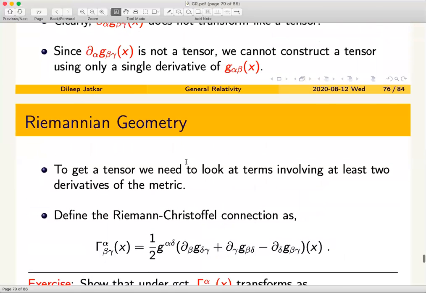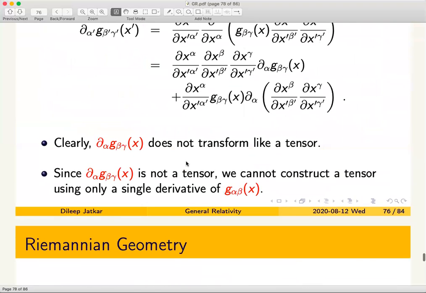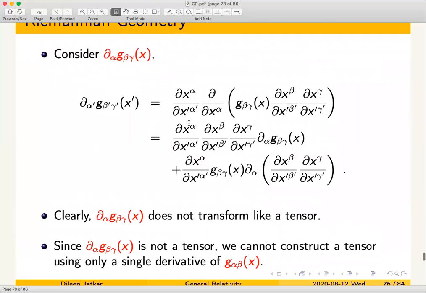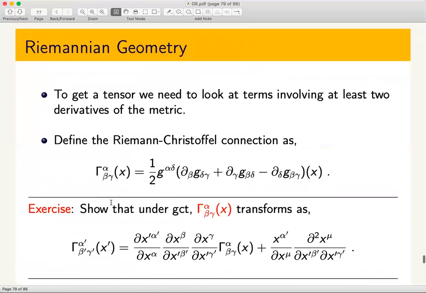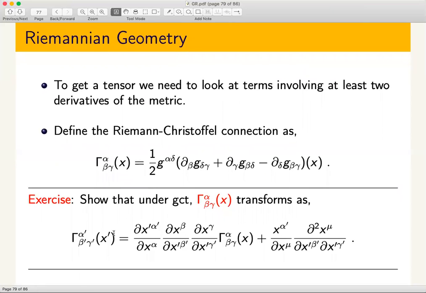We have done this exercise earlier with various quantities. Take these pieces, plug them back in, and check that this new definition of gamma alpha beta gamma transforms exactly the same way that we had defined earlier.